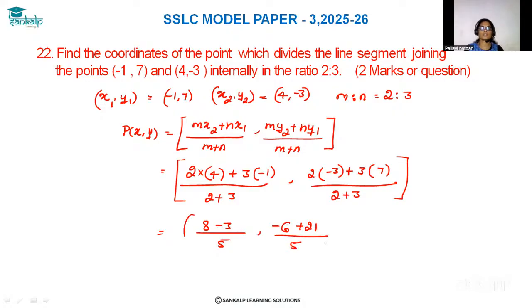So this is equal to, 8 minus 3 is 5 by 5, comma, minus 6 plus 21 is 15 divided by 5. So this is equal to 1, comma 3. Okay. So the coordinates of the point are 1, comma 3. Thank you.